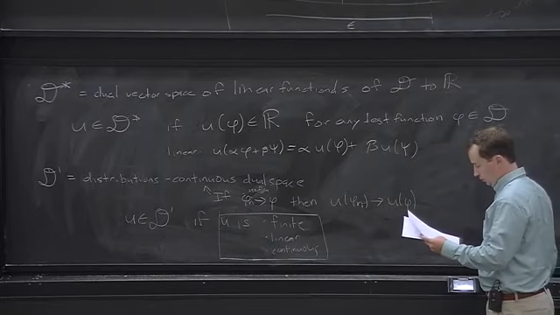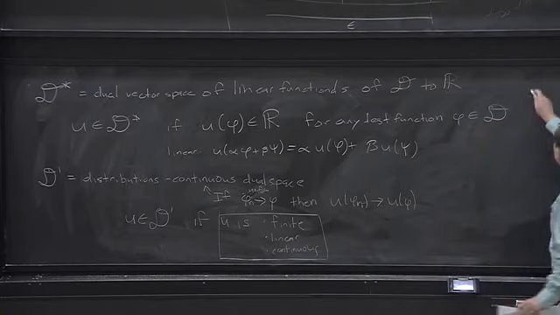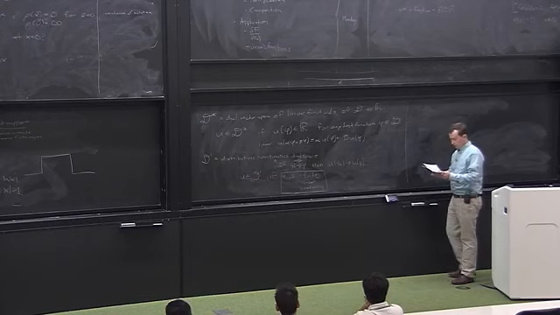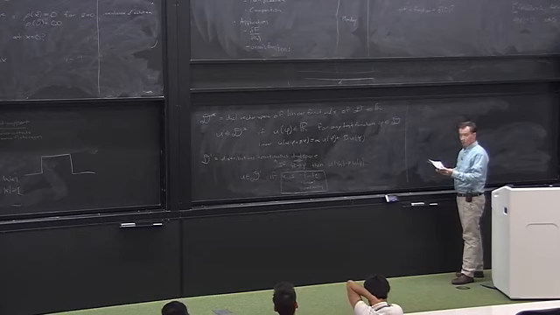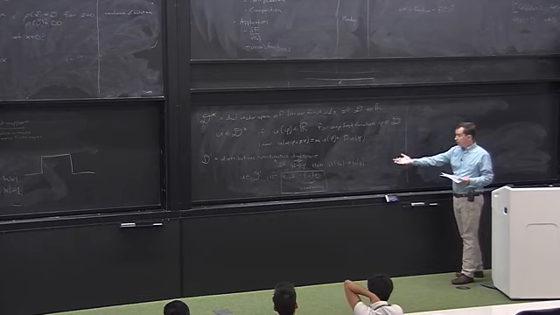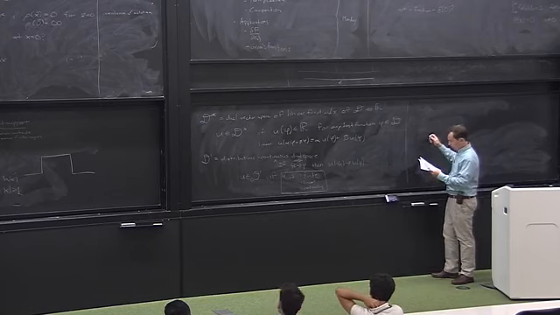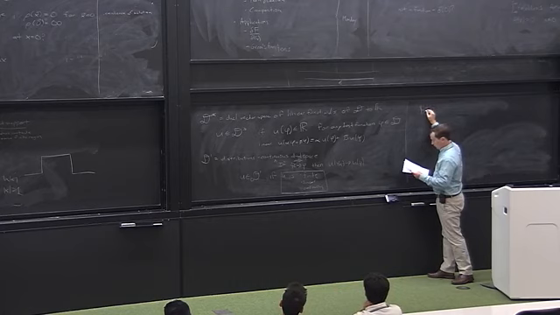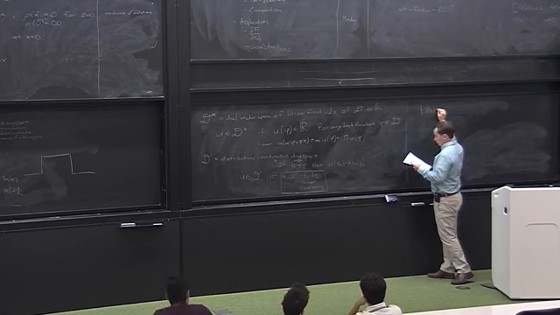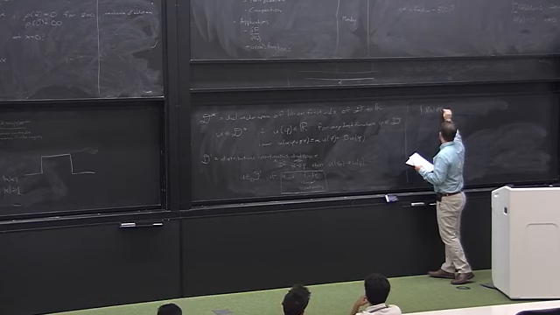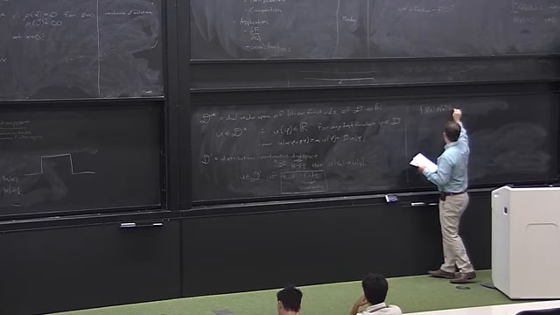Okay, so delta is a distribution. It satisfies these properties. It's finite. So we have the integral of delta of x, phi of x, dx.